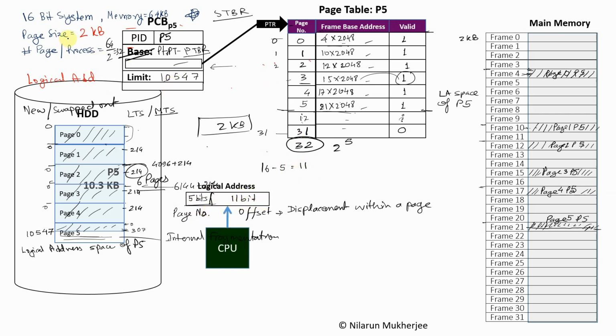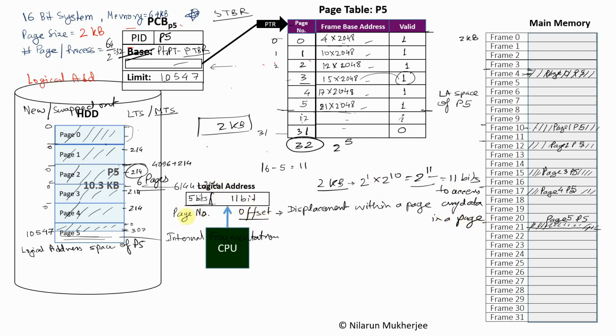In reverse, we can find that we need to address 2 KB of data. Now 2 KB is 2 to the power of 1 into 2 to the power of 10, that is 2 to the power of 11. So we will need 11 bits to access any data in a page.